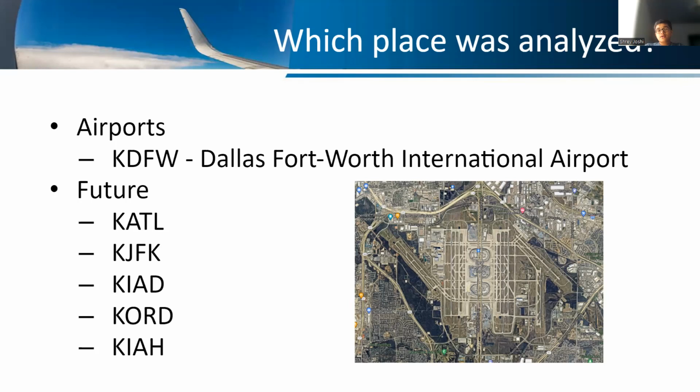It is also one of the busiest airports in the United States, which is why it was selected as a study area. Dallas downtown was also analyzed as the urban area of comparison. Other future study areas include the busiest airports in the United States, from Atlanta all the way to Houston.